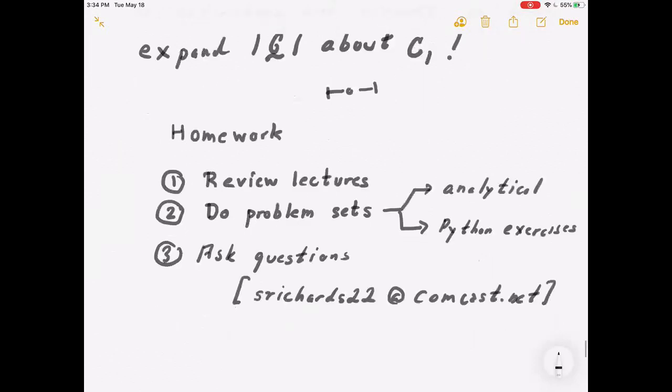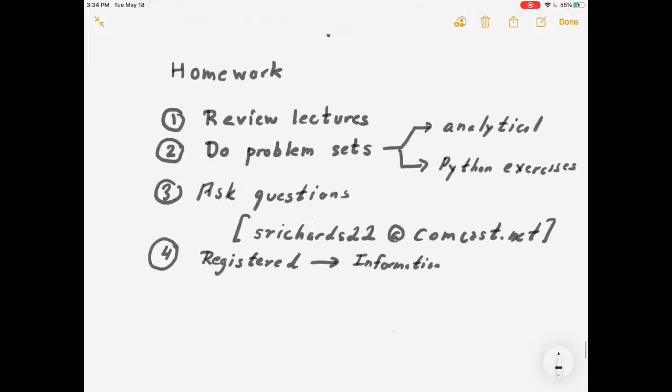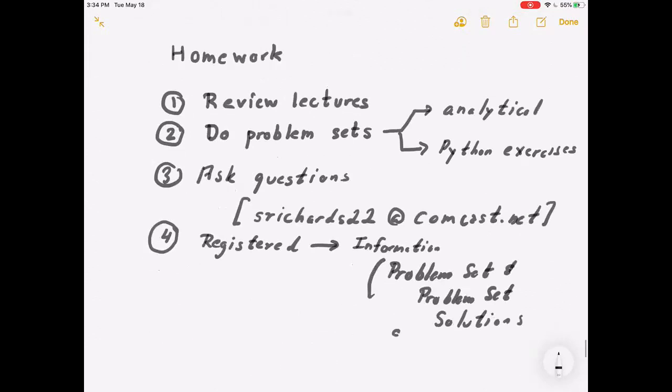The other mechanics in terms of homework that I want to talk about is, for the moment, if you're a registered student for this course, you will be getting information on how to access the problem sets and problem set solutions, as well as video recordings of the lectures.